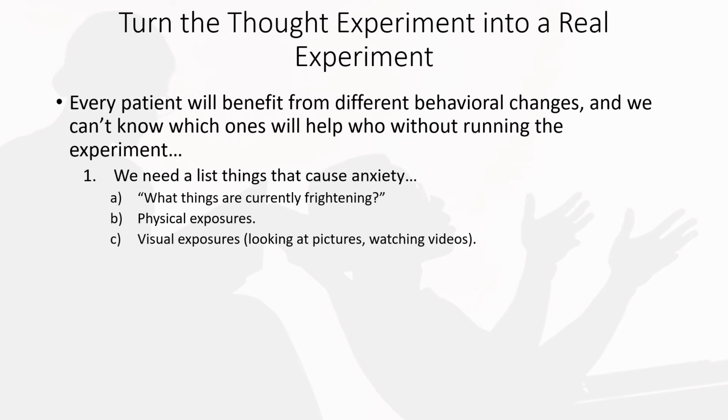If they have, for example, a specific phobia of snakes, then you can look at pictures of snakes and watch videos of snakes, maybe as a step before the physical exposures if those seem too overwhelming to start with. You may even want to do imagined exposures, so even before you look at pictures and videos, let's just think about snakes or talk about snakes first, right?